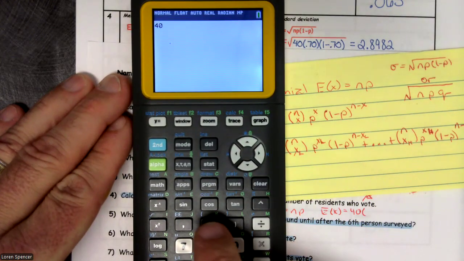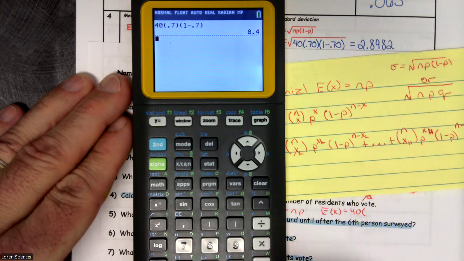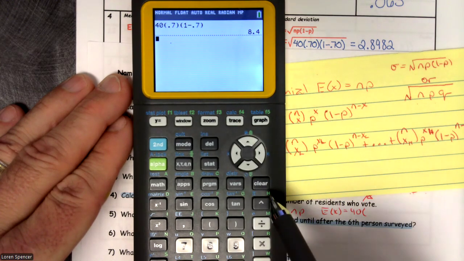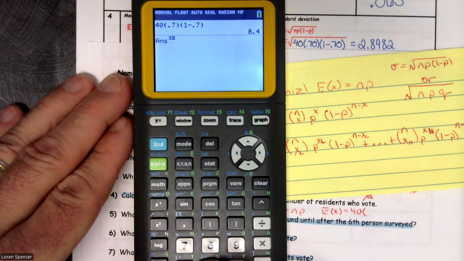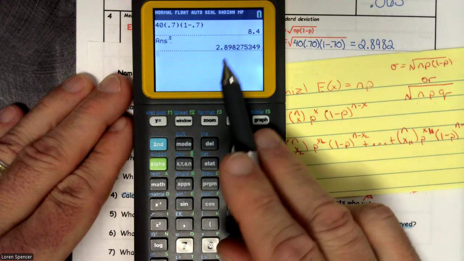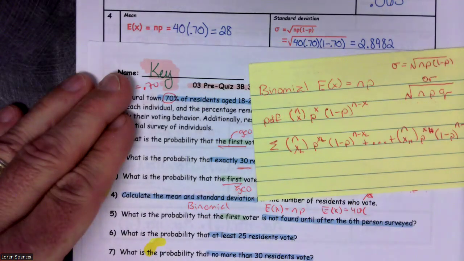So I go 40 parentheses 0.7 close parentheses, then parentheses 1 minus 0.7, and I get this value. Well, that's not my answer because I haven't taken the square root. To take the square root, I put the little caret button and 0.5, and there it is, 0.28982. Once again, truncate at 4 decimal places.